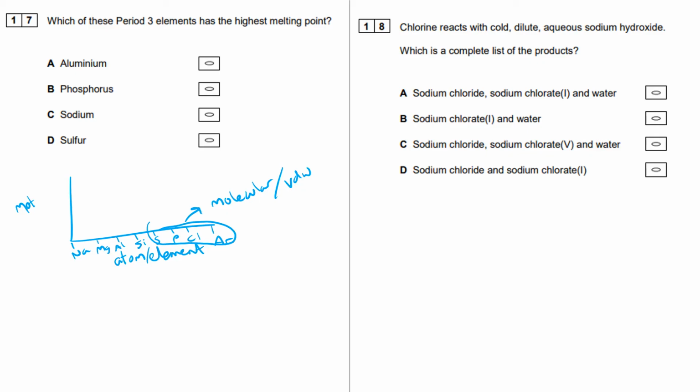So is it going to be sodium, magnesium or aluminium, or is it going to be silicon? Sodium, magnesium and aluminium are metallic. They have strong attractions between delocalized electrons and positive metal ions, and silicon is macromolecular.